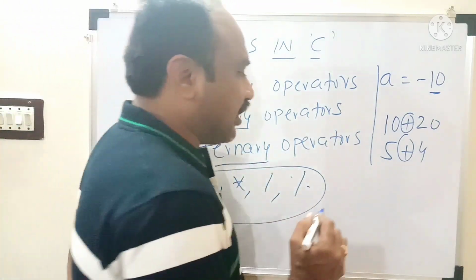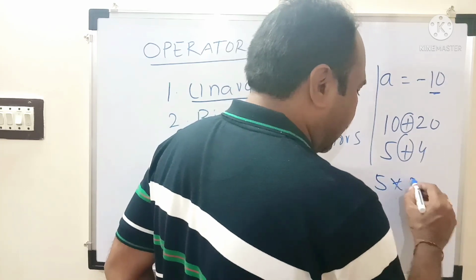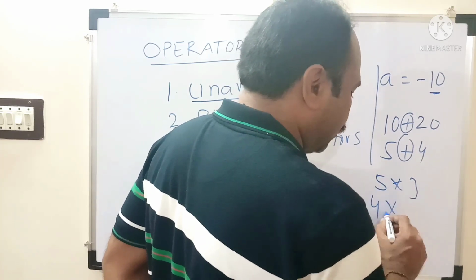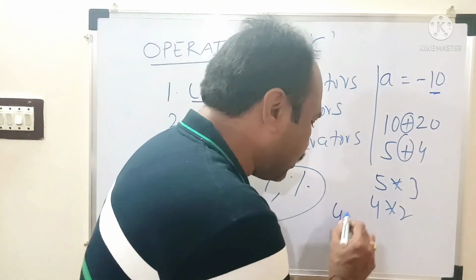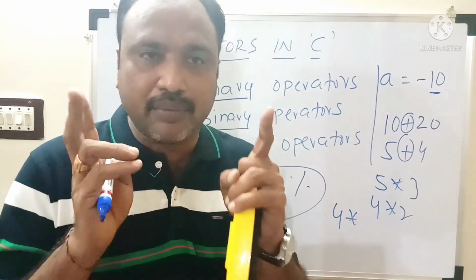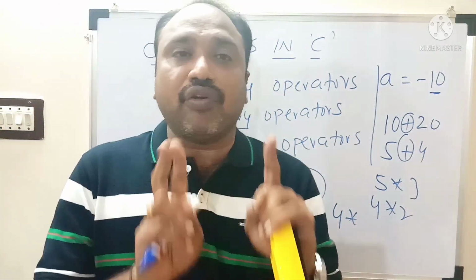The same way, when I am going to perform multiplication, 5 star 3, 4 star 2. To perform star, can I simply write 4 star? No. To perform multiplication, at least I require 2 values.